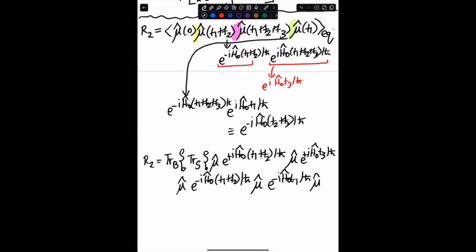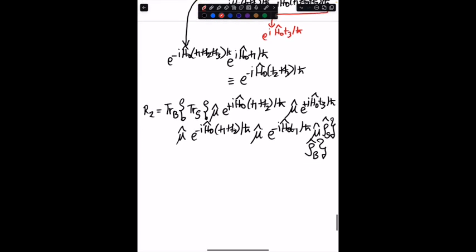And then you have your last dipole operator along with the system equilibrium density operator, and then you have the next trace to be performed over the bath equilibrium density operator. So now we worry about this system trace first.